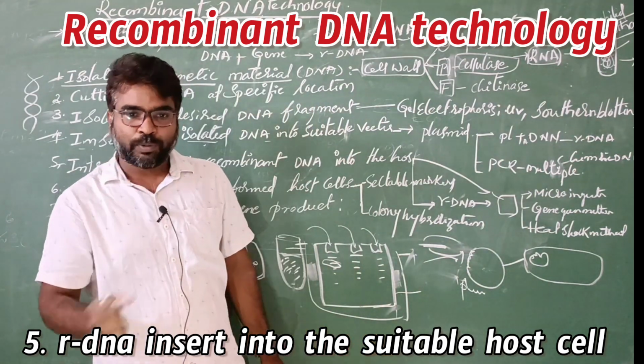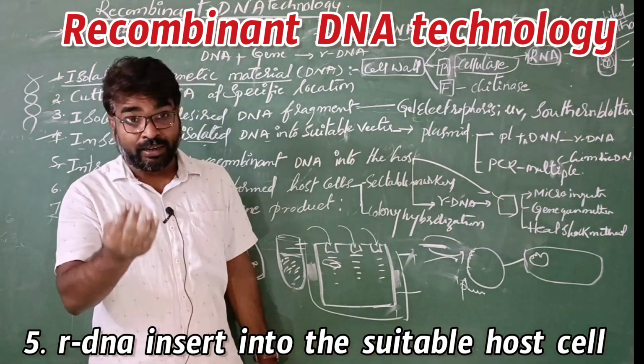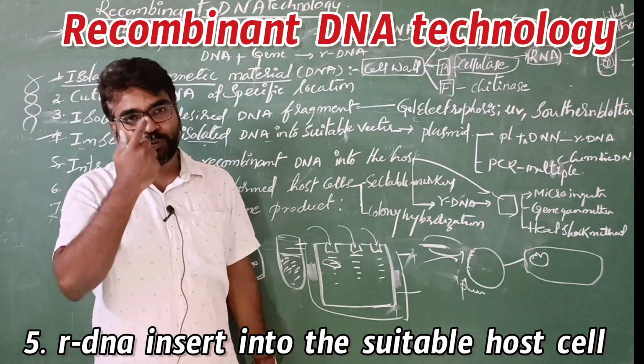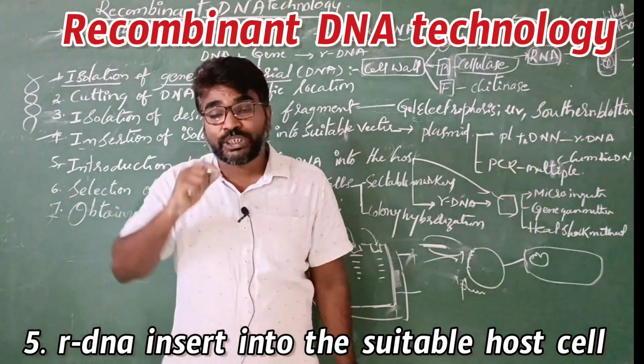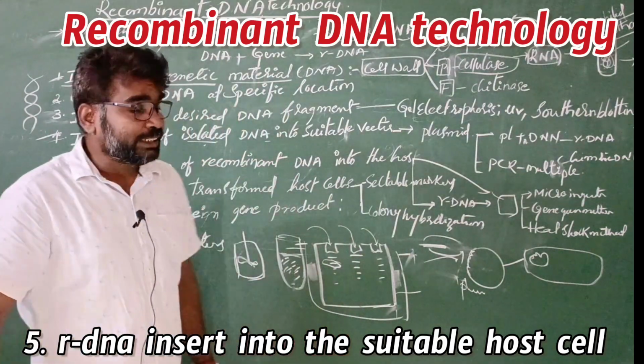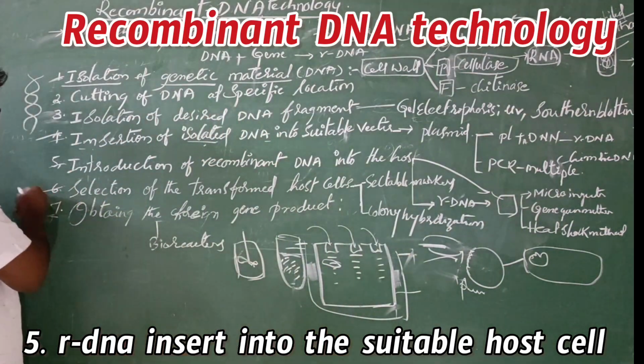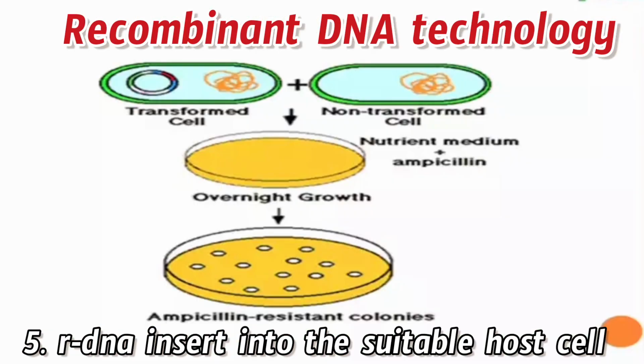It is transformed with our rDNA. We are doing this experiment in a test tube. In that we cannot see which cells are transformed and which cells are not transformed. For that we are using a technique, that is the sixth one, selection of transformed host cells.